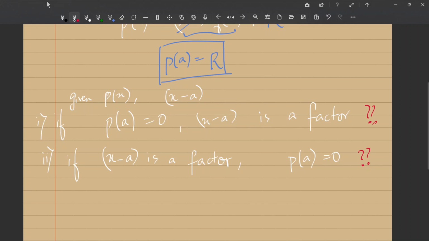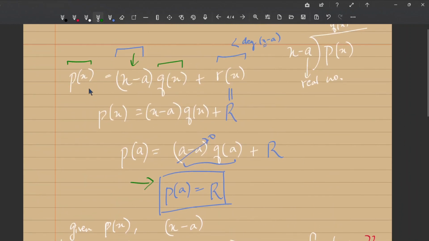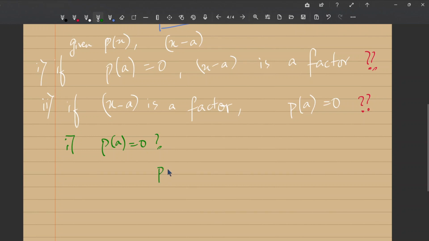Just take the first statement. What if p of a is equal to 0? What happens? We know that p of a will be equal to r, from all these simplifications, which means r is actually equal to 0, isn't it?